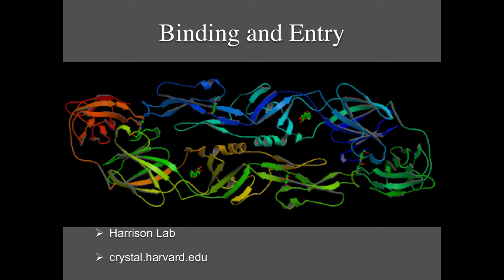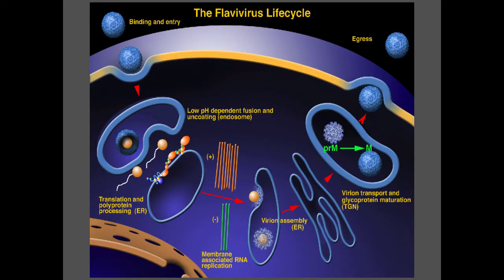The receptor for most of the flaviviruses specifically has not been identified. There's early non-specific binding to charged proteins on the cell surface, followed by a receptor entry. So before I get ahead of myself, let me quickly give you an overview of the whole life cycle. So as we're talking about now, we have binding and entry into the host cell.